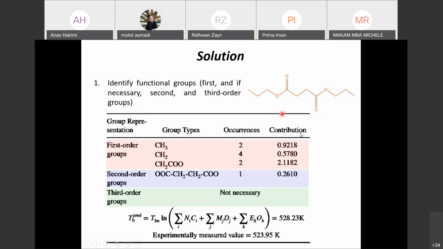But I think this one is not necessary to put in the equation. The important thing is the symbol ND as well as E. This one you have to get. This is how many contributions of CH3 are in this molecule. And MSO is an occurrence.